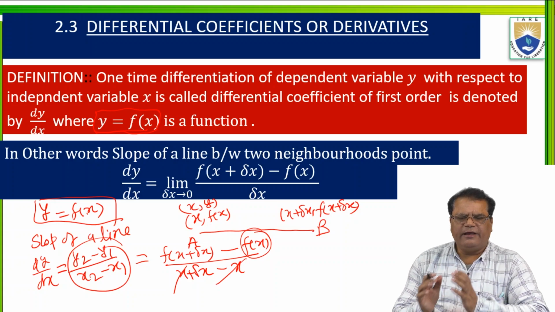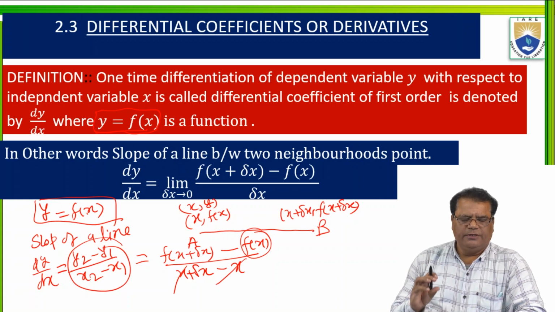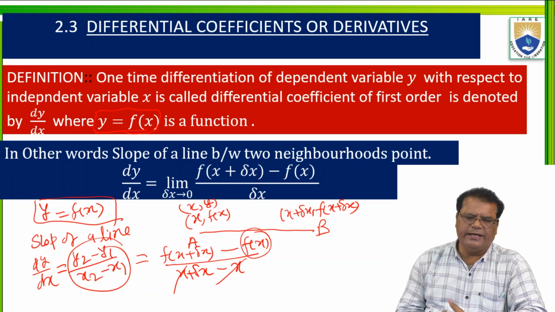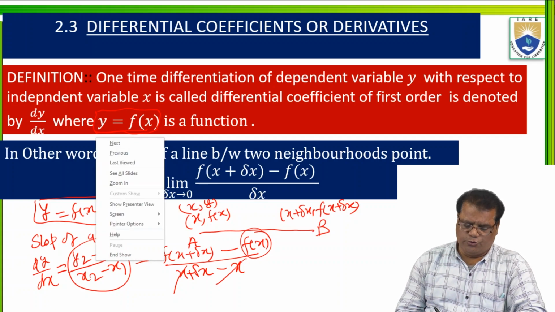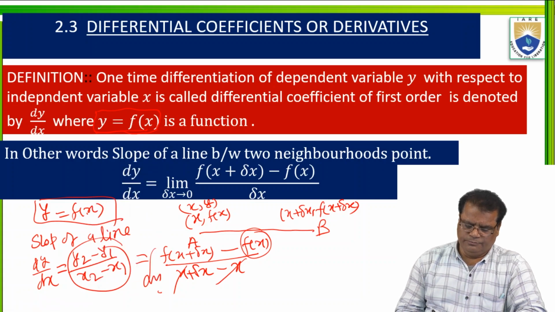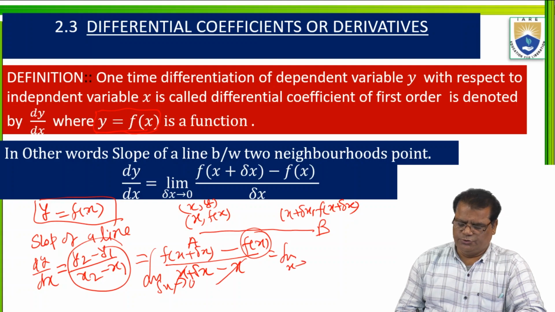But A and B are very neighboring points, which means we take the limit. Limit means B tends to A, so there is a very minimal distance. So we write the limit as delta x tends to 0.